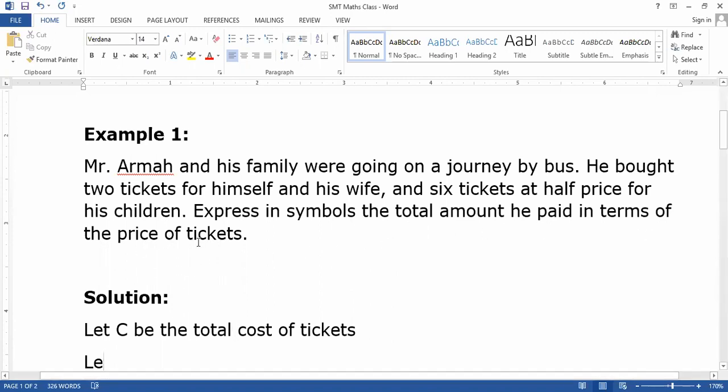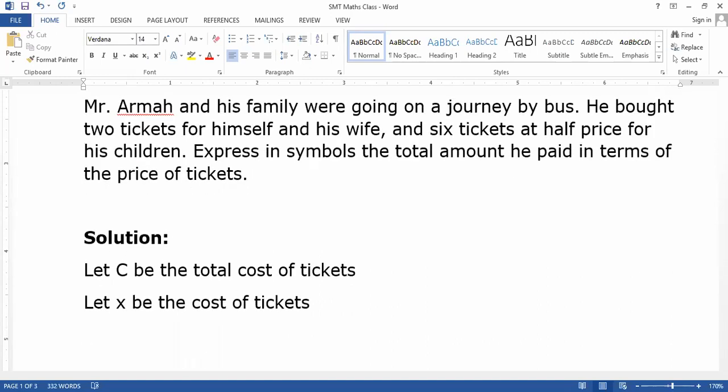That's the main thing. Now what do we put together to get the total cost? Let X be the cost of a ticket, because we are looking at the cost of tickets. These are the 2 main things.